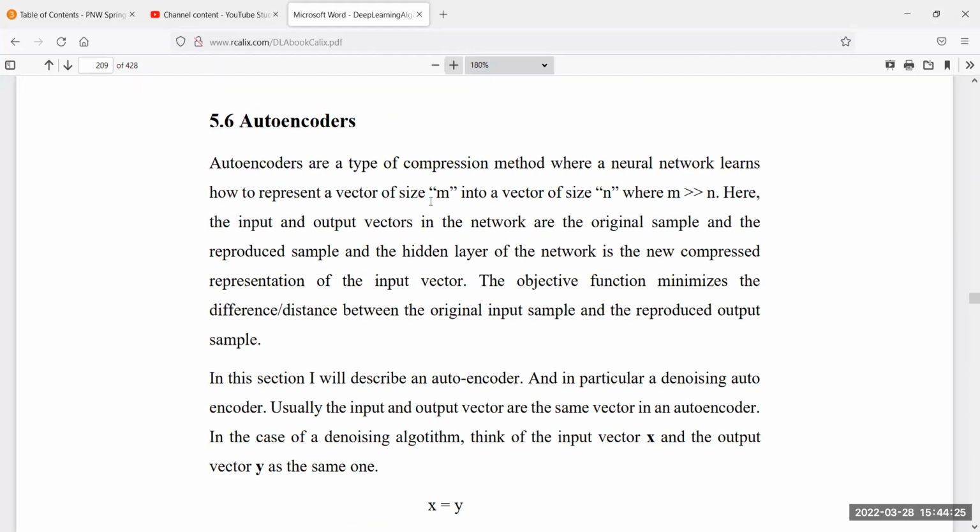And what's key here is the word encoder. You have seen the word encoder before in the transformer, because if you remember, I said that the transformer has an encoder and a decoder. So here's an encoder. So what are auto-encoders?